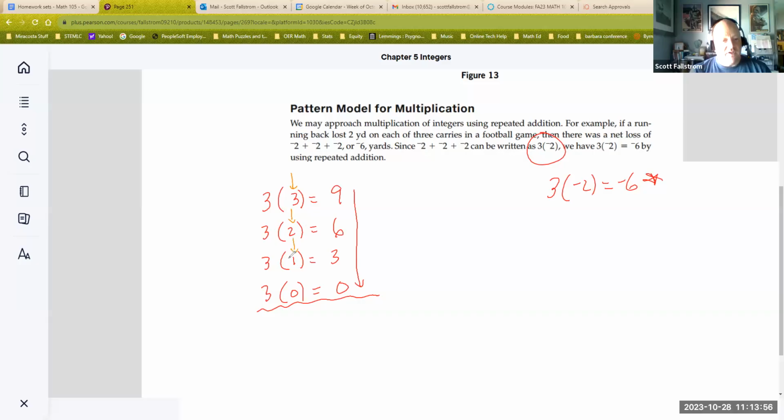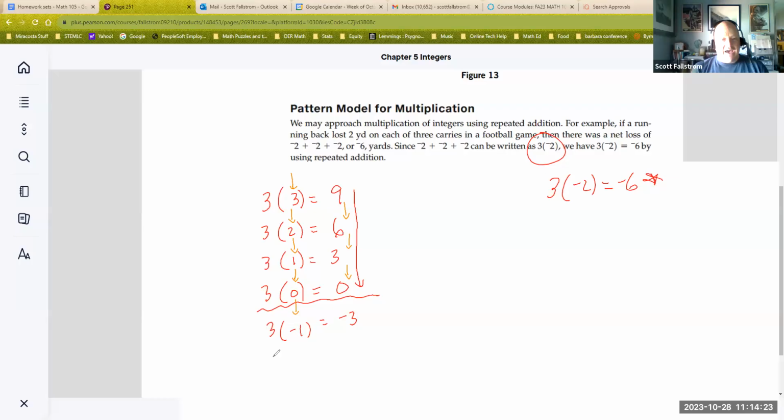By removing one group of 3, the answer, in this case, the product, will decrease by exactly 3. So if you remove a group of 3 from 0, this now becomes something that they have seen with addition or subtraction. If I have 0, but I take 1 away from it, I would have 3 times -1. And if I remove one group of 3, we know the answer goes down by 3.